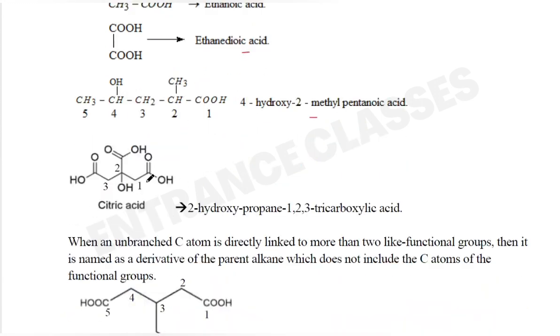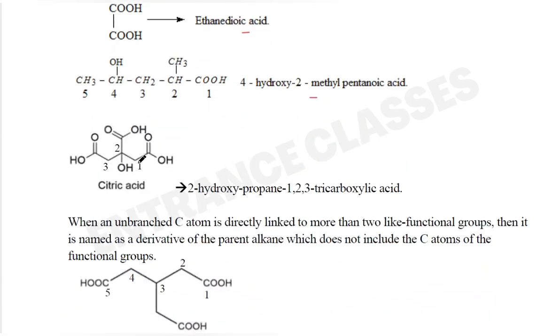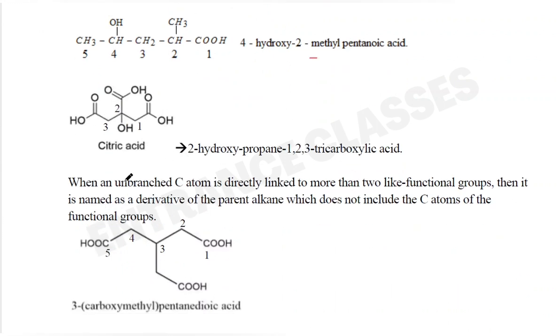Here one interesting point is 1, 2, 3, 4, 5, maximum 5 carbon atoms in the straight chain. But the point is this is a very, very important rule. When an unbranched carbon atom is directly linked to more than 2 like functional groups, then it is named as the derivative of the parent alkane.